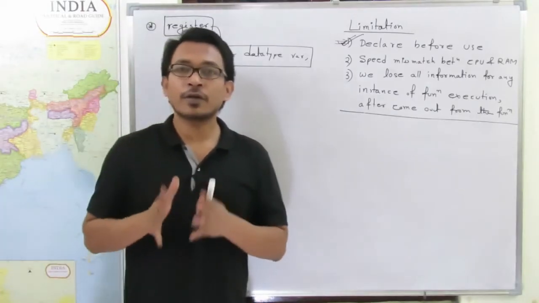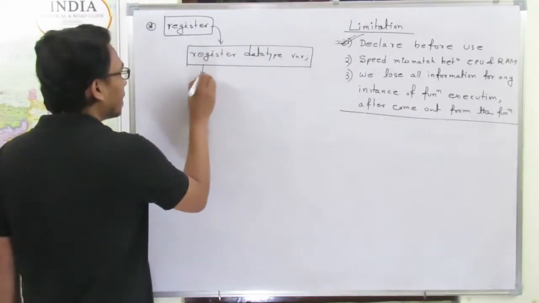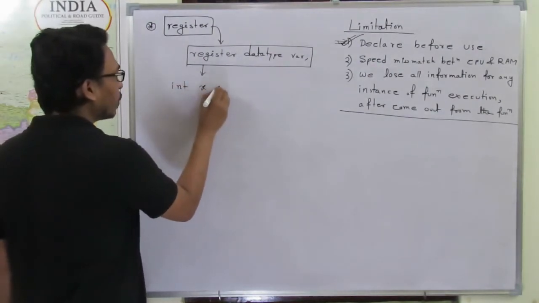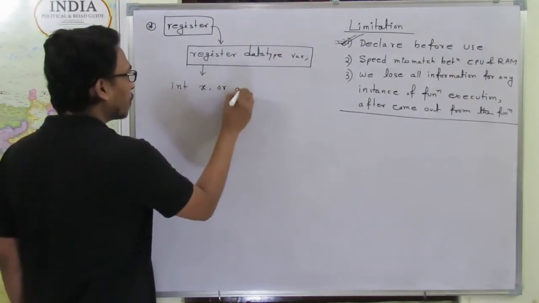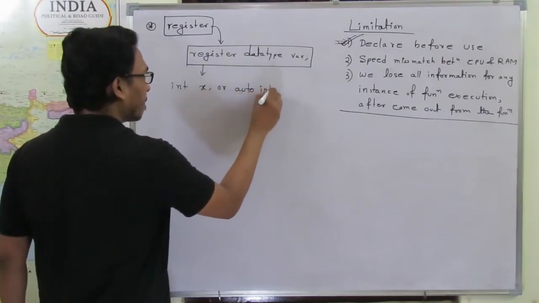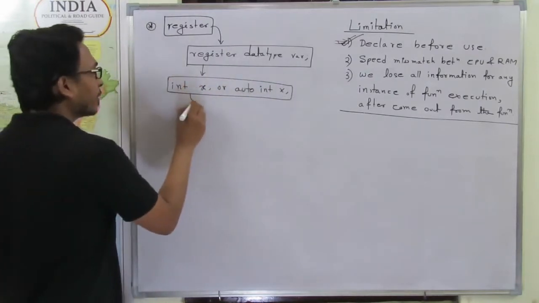So the use of the register storage class is, look, if we declare a variable as int x or auto int x, at that time from where will memory be allocated?